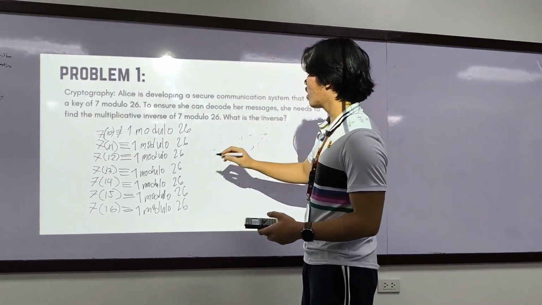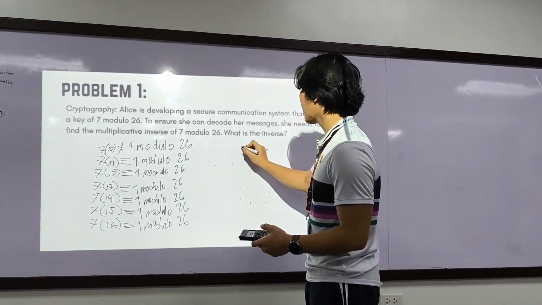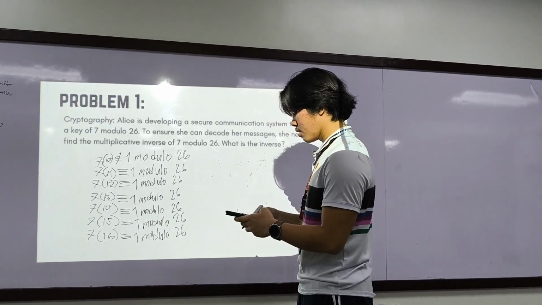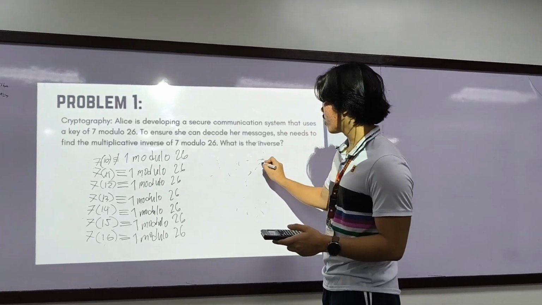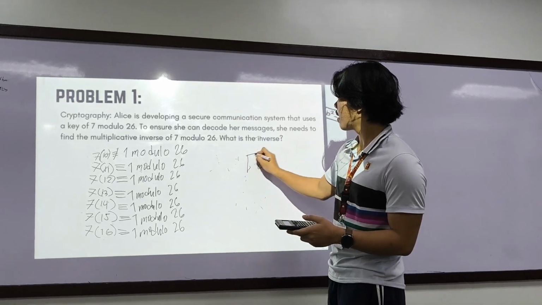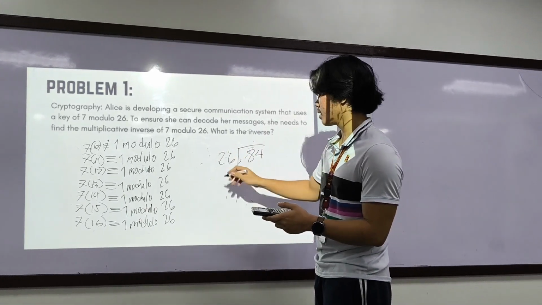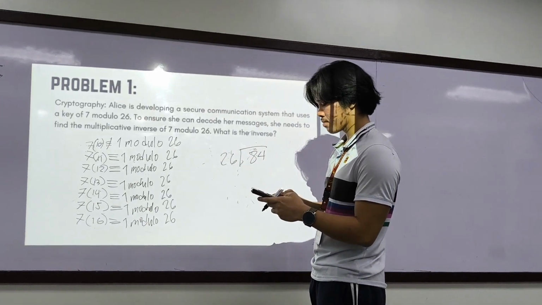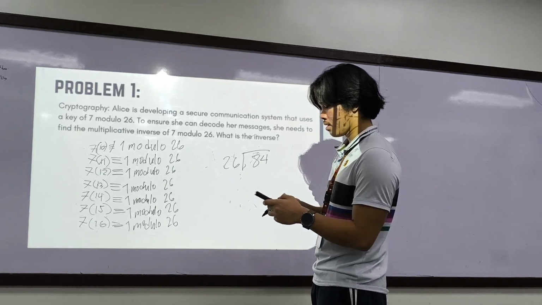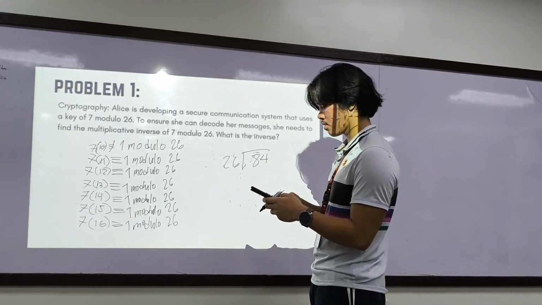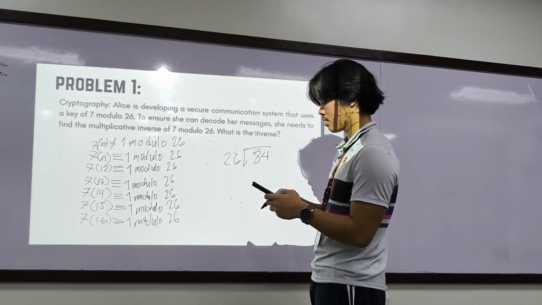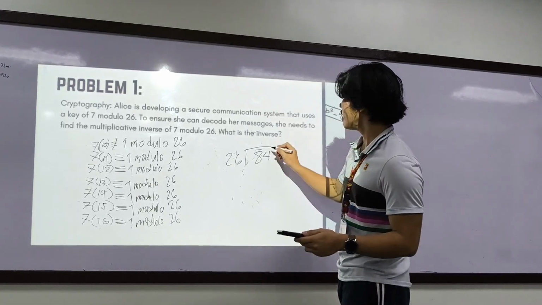And now here, 12. 7 times 12 is 84. So 84 divided by 26 is 3.